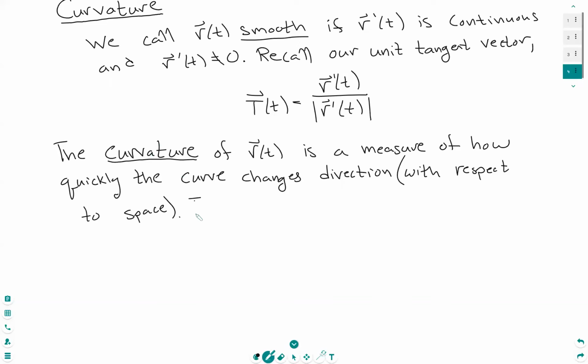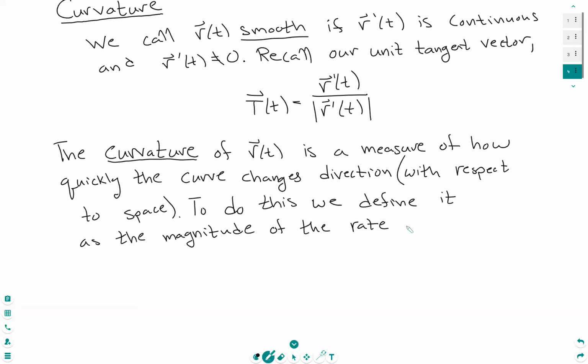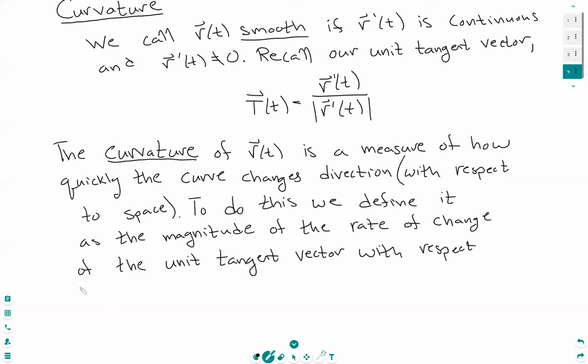Okay, so to do this, we define it as the magnitude of the rate of change of the unit tangent vector with respect to arc length.